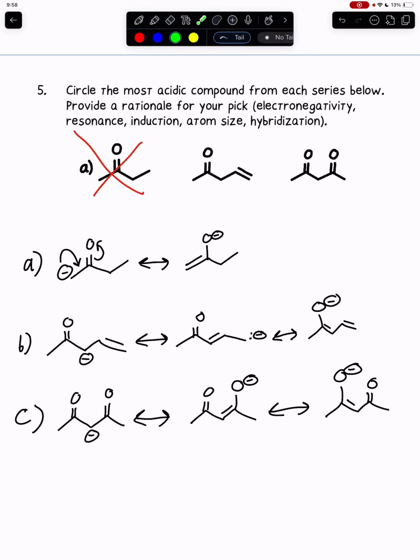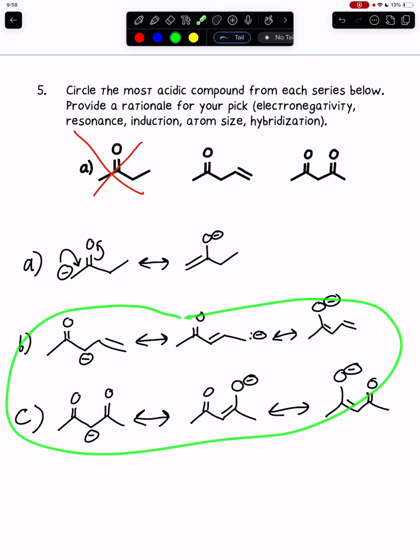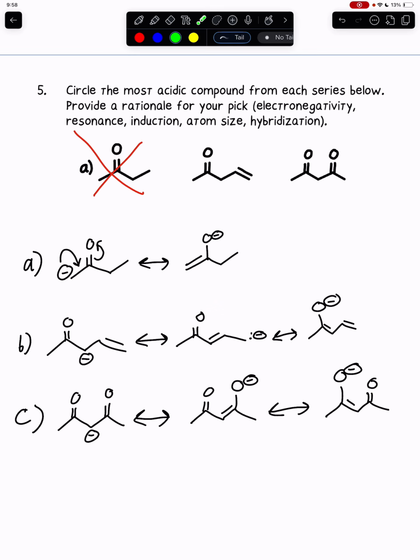Okay? Now, between these two, let's just compare the 2 intermediates and figure out which one is handling the negative charge the best. In B, that negative charge can exist on a carbon, it can exist on another carbon, and it can exist on an oxygen. Obviously, oxygen handles it best because it's more electronegative. It handles the negative charge better.